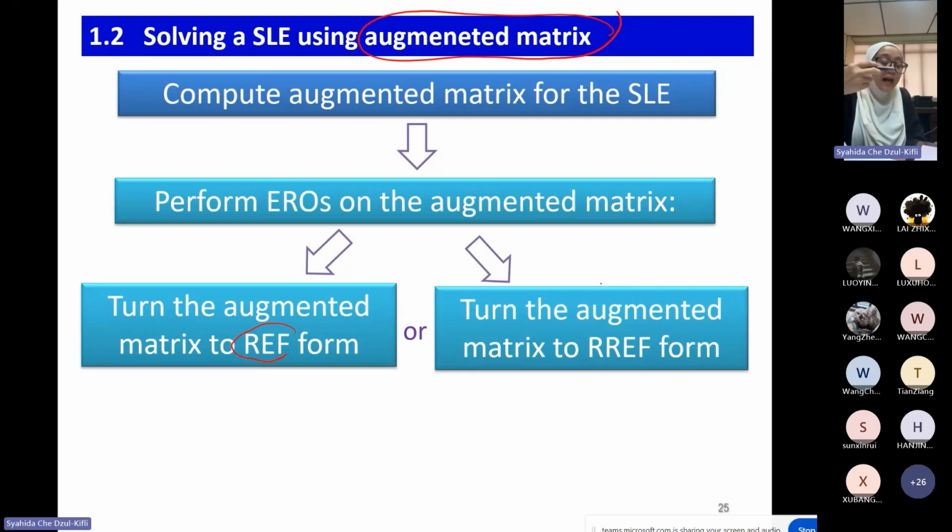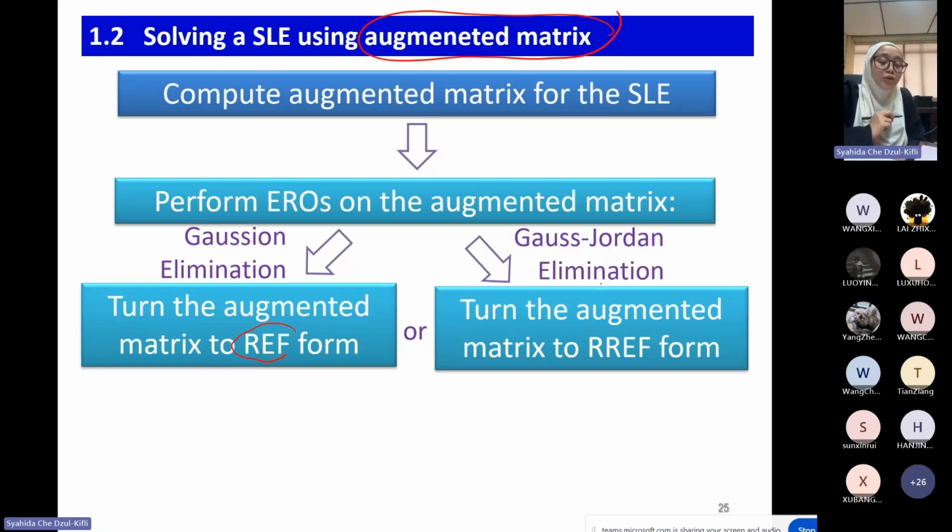Okay, but how to do that? There is a method which gives us a step-by-step process to change the matrix into REF form. Gaussian elimination is a method that gives us a step-by-step process of changing the matrix into REF form. And for RREF form, we use another method called Gauss-Jordan elimination.